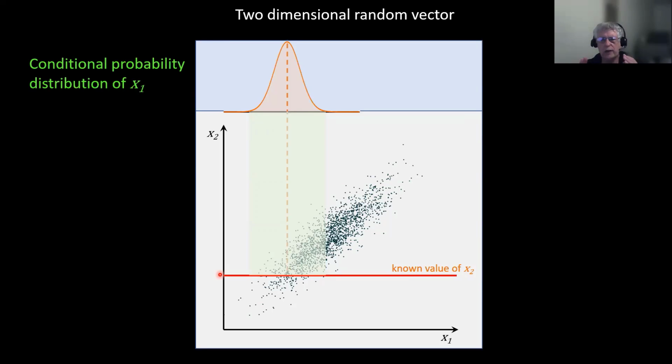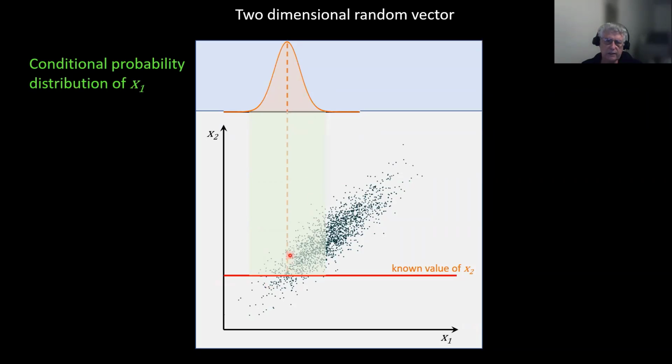And what does knowing something mean? Knowing something means it's got a slimmer probability distribution, a smaller standard deviation. This is called the conditional probability distribution of x1, conditional on knowing x2.